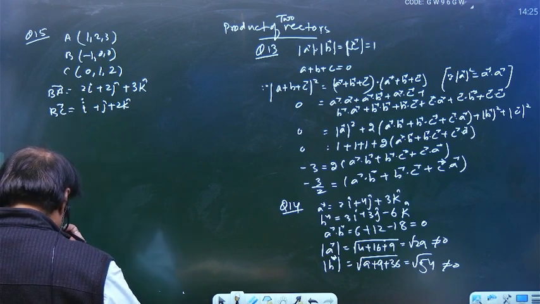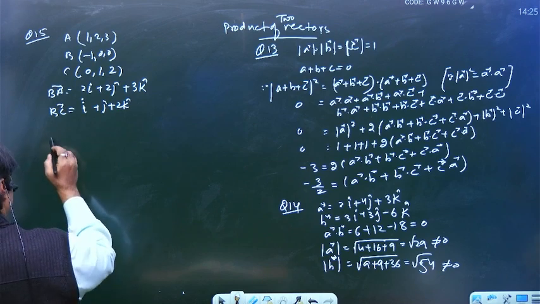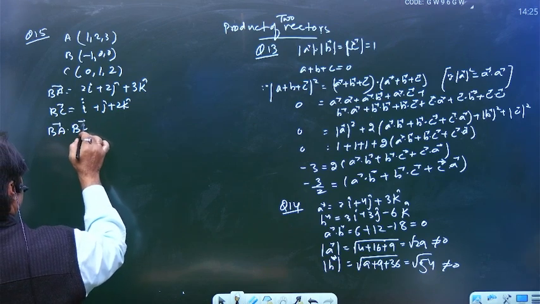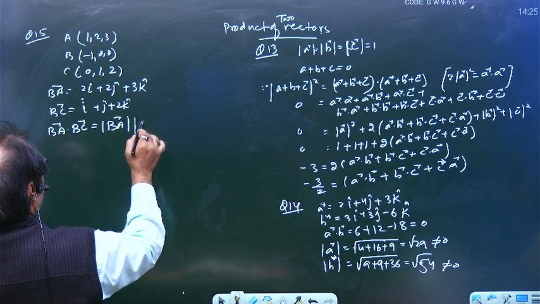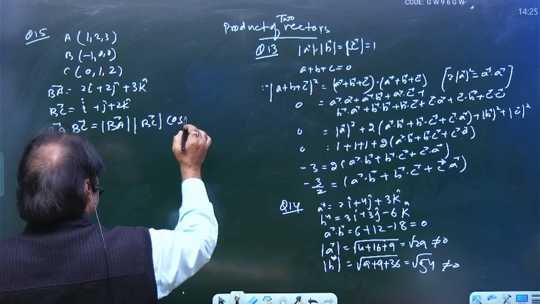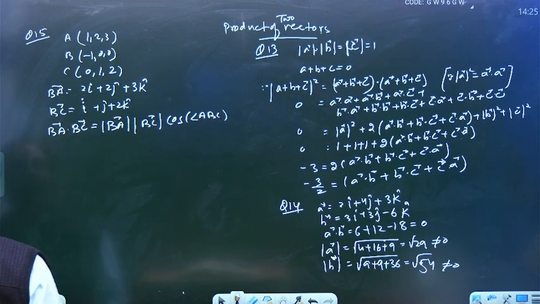Okay. So now, since BA dot BC is equal to magnitude of BA into magnitude of BC into cos theta, and theta is the angle ABC. Okay.